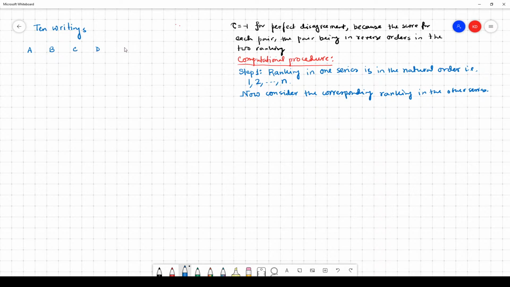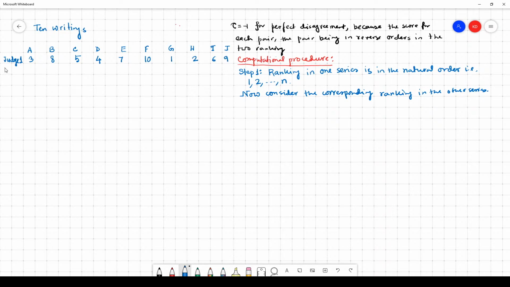So there are 10 individuals. I denote these individuals by A, B, C, D, E, F, G, H, I, and the last one is J. For judge 1, the ranks are 3, 8, 5, 4, 7, 10, 1, 2, 6, 9.